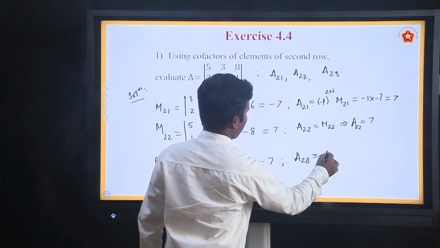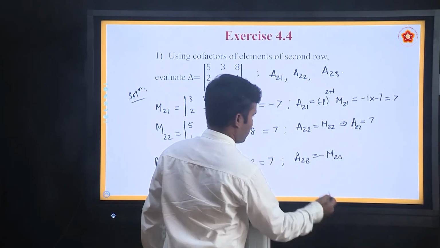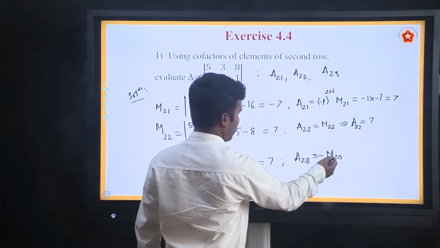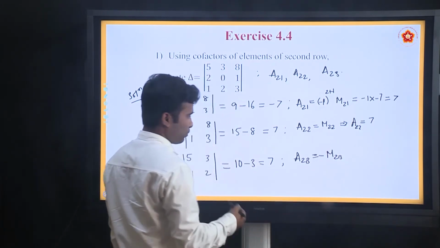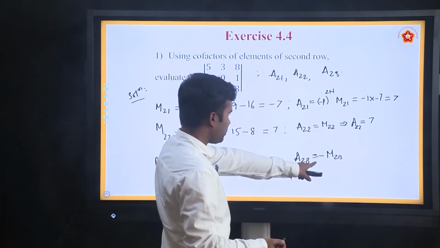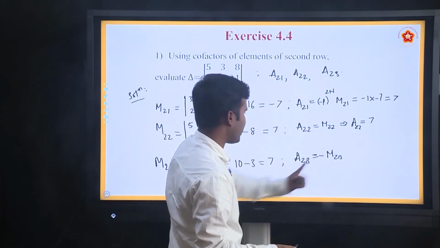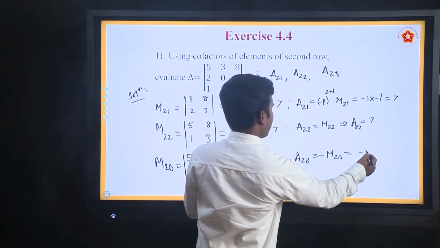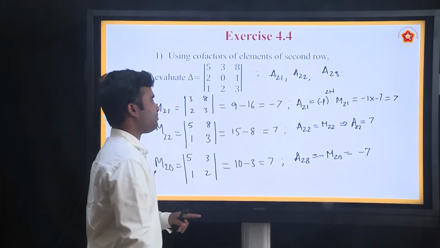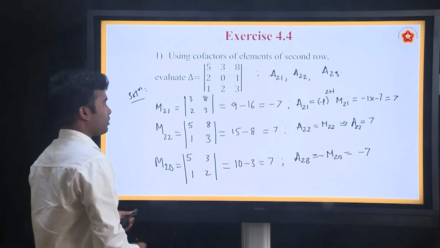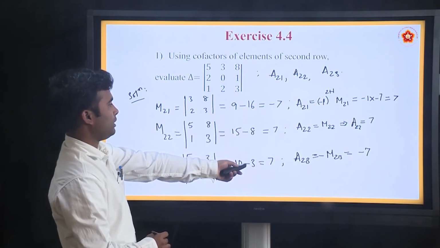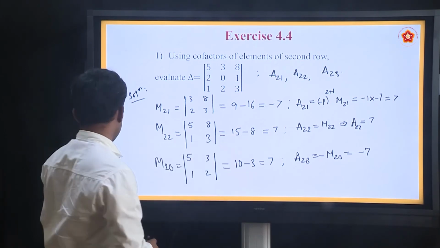A23 is nothing but minus M23, because minus 1 to the power 2 plus 3 is minus 1 to the power 5, which is minus. So A23 is minus M23, which is minus 7. Now, you just remember what A21, A22, A23 are: 7, 7, minus 7.